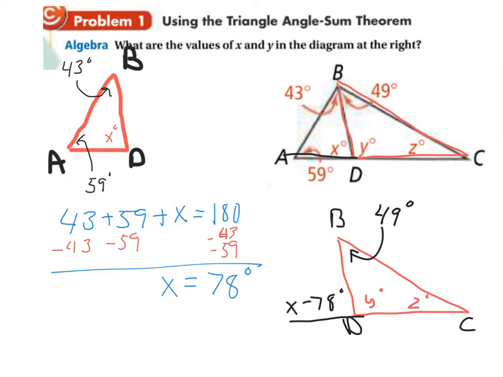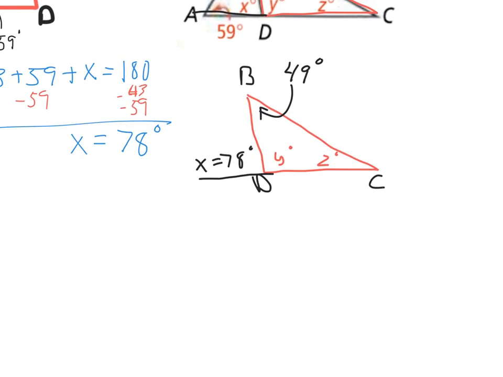That's where we found X. Then to find the measure of angle Y, 78 and Y are a linear pair, so they have to be supplementary. So we can say that 78 plus Y is equal to 180 degrees, and so Y is equal to 102 degrees.